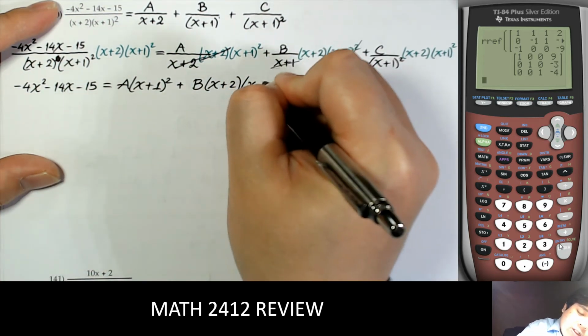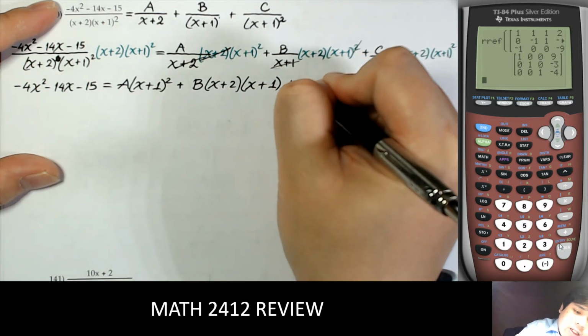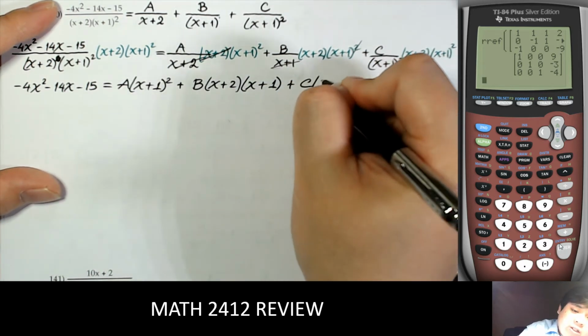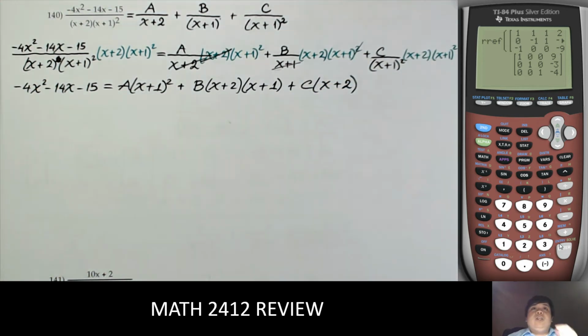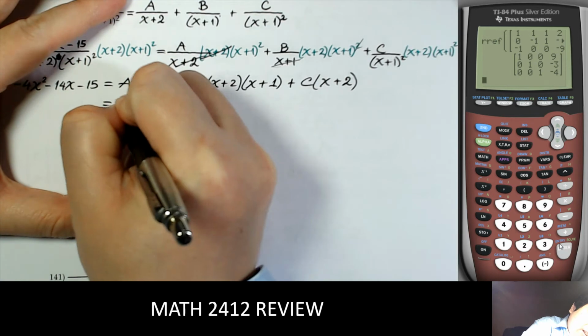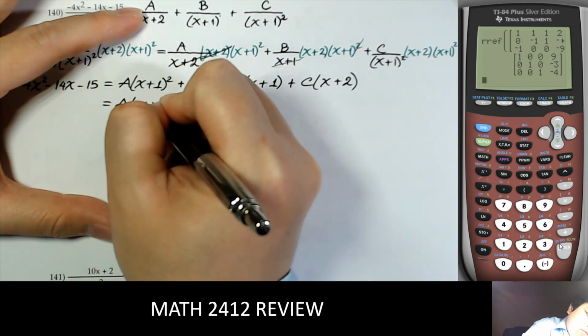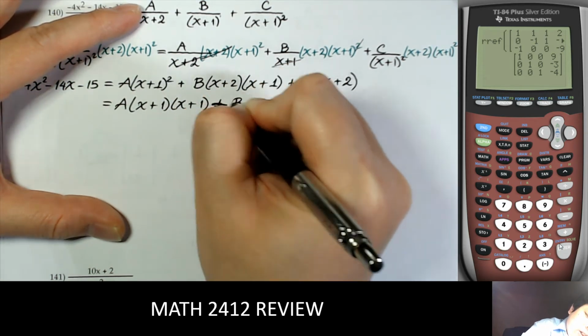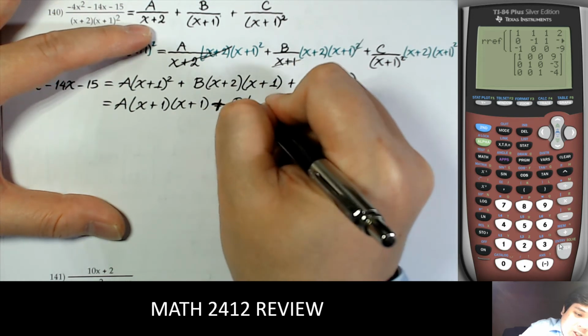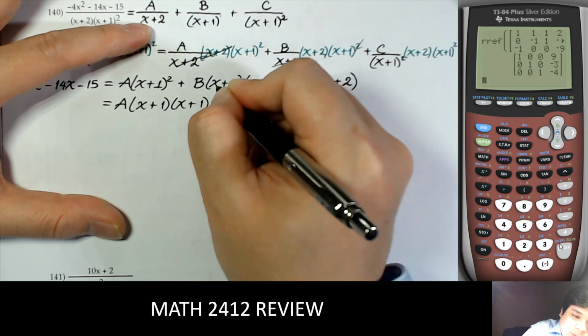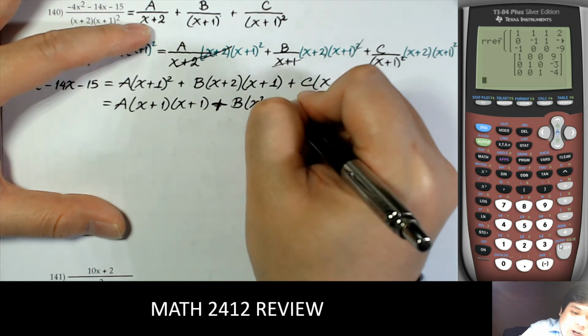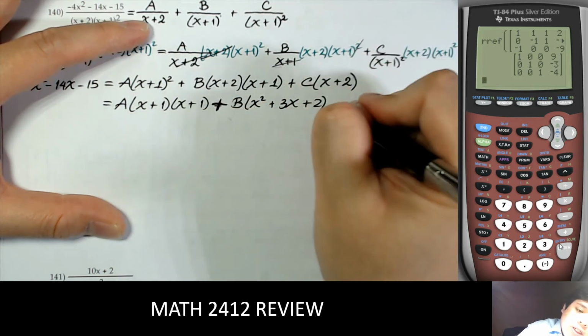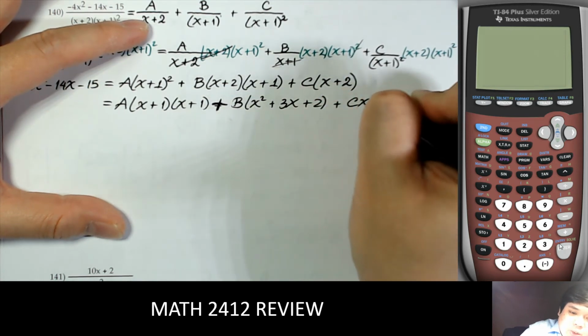And then for c, x plus 1 square cancels out, just x plus 2. Right, it's not that difficult. It's a bit tedious when we have to multiply all of this out. So a times x plus 1 times x plus 1, plus b, x squared plus 3x plus 2, and then cx plus 2c.